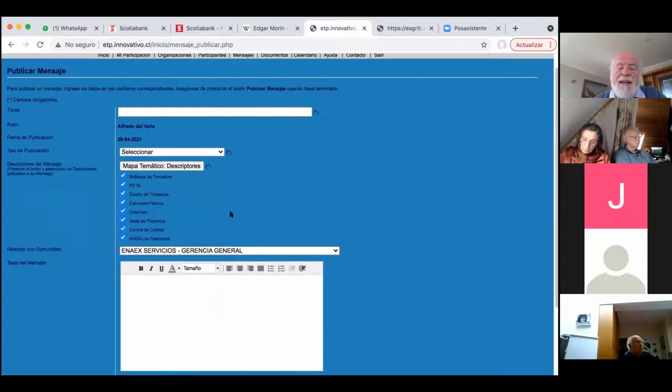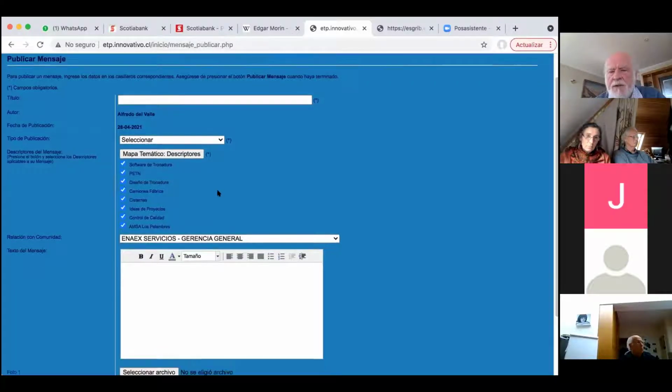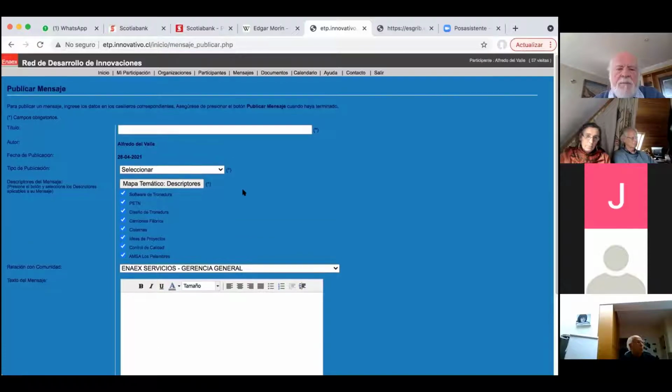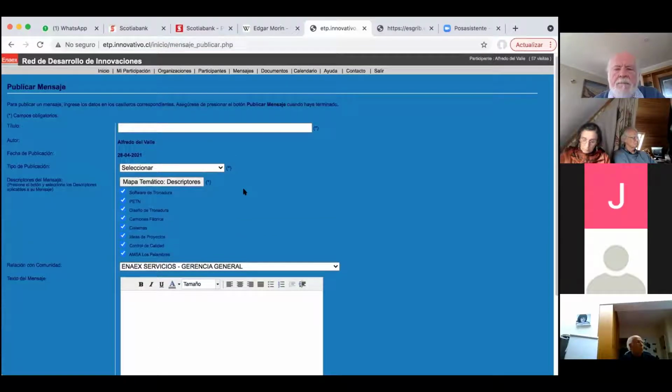But these are not general descriptors. These are specific to this company and to this communication space. And something else which is important, this theme map was built face-to-face in half a day. And that's all.